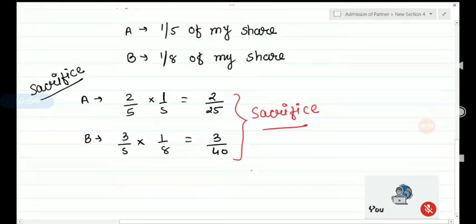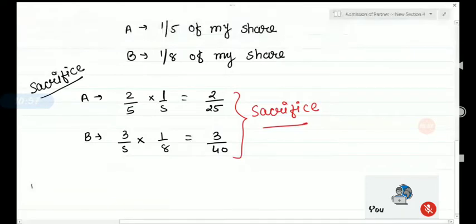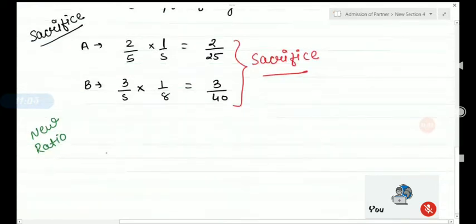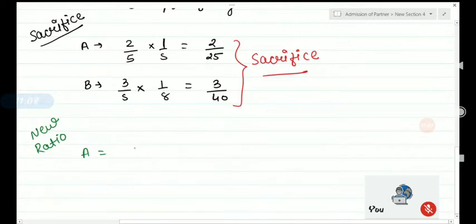Now let's calculate new ratio. New ratio of A equals his old ratio minus sacrifice. This is quite simple: what ratio A was having and what he is sacrificing right now.